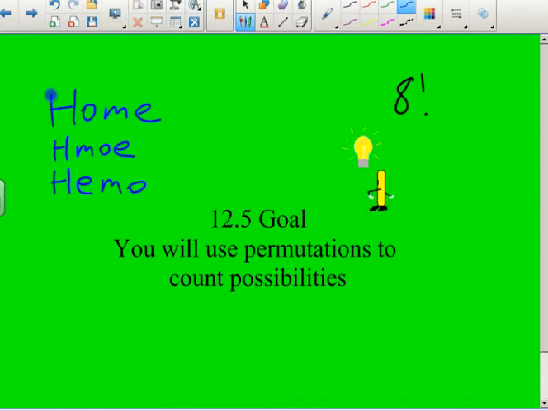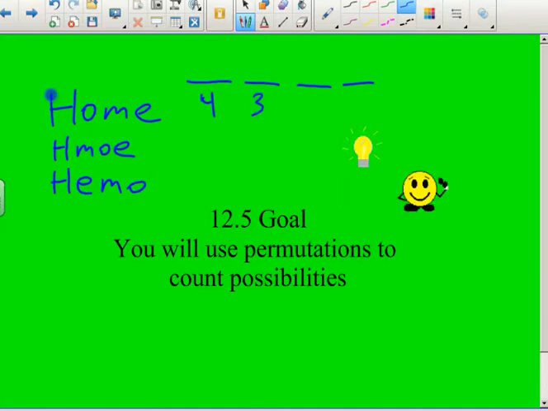In general, listing them all would take a long time. Let's just think about it. I have 4 letters I can choose from. For the first letter, there's 4 different letters I could choose from. After I chose the first letter, there's 3 letters left.